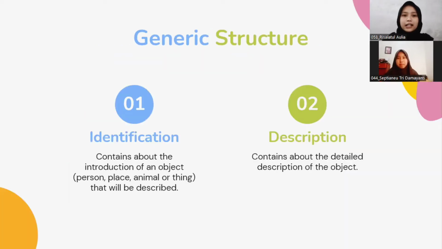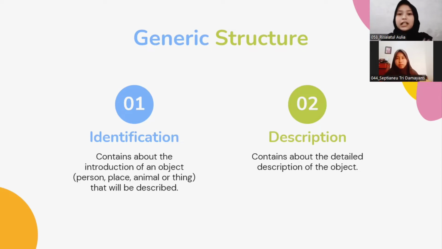Okay, the next is generic structure of descriptive text. There are two generic structure of descriptive text. The first is identification. It contains about the introduction of an object that will be described. So, the identification only contains the introduction of a particular object that will be described. Okay, the second is description.